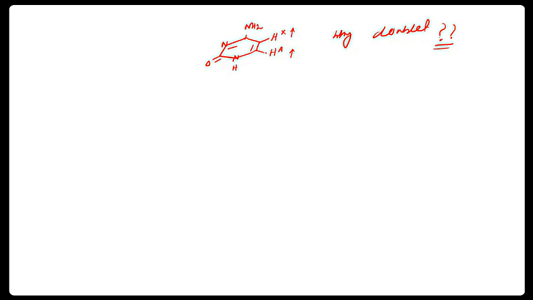It experiences the external magnetic field plus the magnetic field coming from this part. So component one is the external magnetic field. HA experiences the external magnetic field, and HA has some inherent magnetic field.